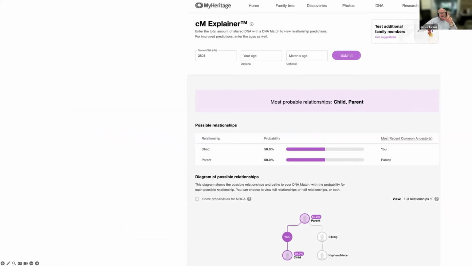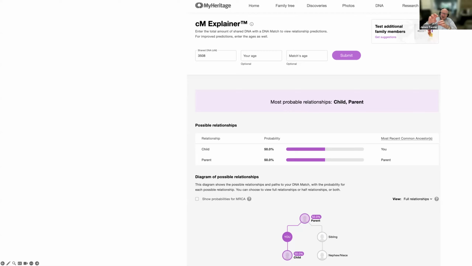Some of the things you've already seen are extremely helpful in MyHeritage, but here is one that's very helpful. When they give you the amount of your centimorgan between you and a person, you can go to this tool and it will figure out exactly what the percentages are.